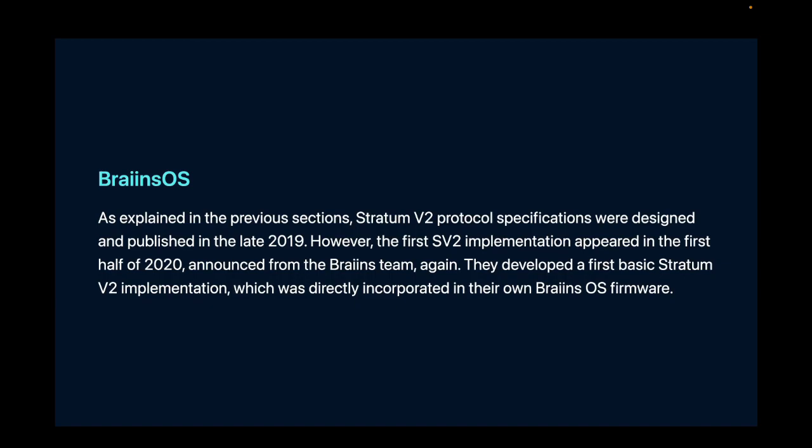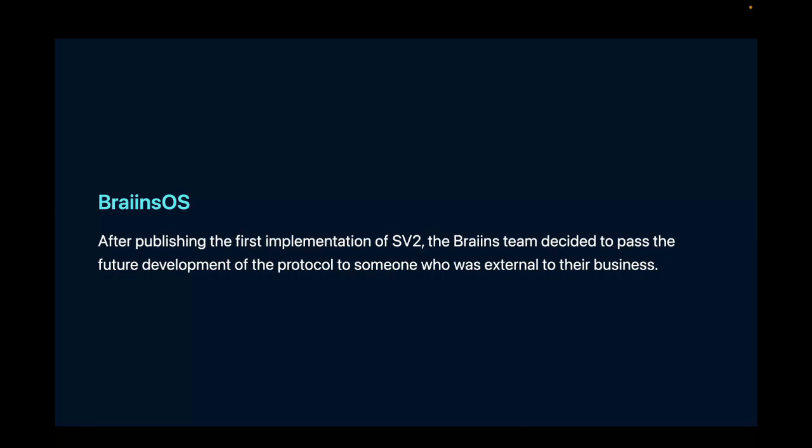They developed the first implementation in 2020, and it was incorporated into the Braiins OS firmware. After publishing the first implementation of Stratum V2, the Braiins team decided to pass the future development of the protocol to someone who was external to their business. Or in other words, they just wanted to decentralize the development process of Stratum V2.